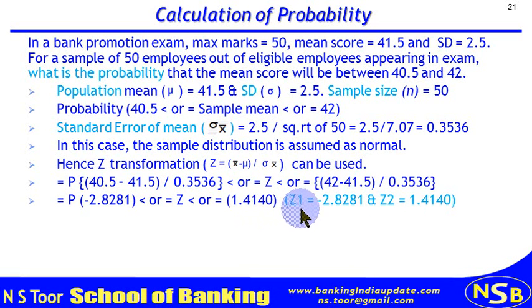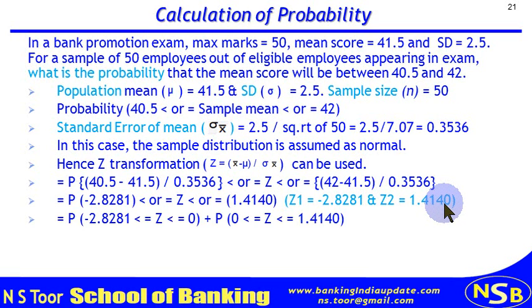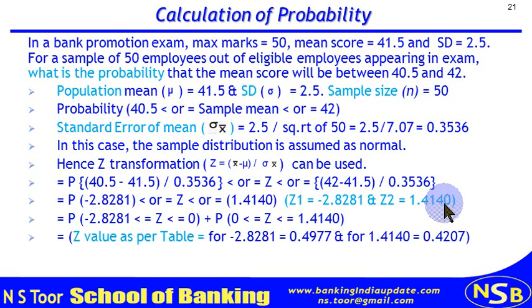It means here Z1 is minus 2.8281 and Z2 is 1.4140. So these are the Z values we have calculated, and the probability value for these Z values is available from the Z value table.